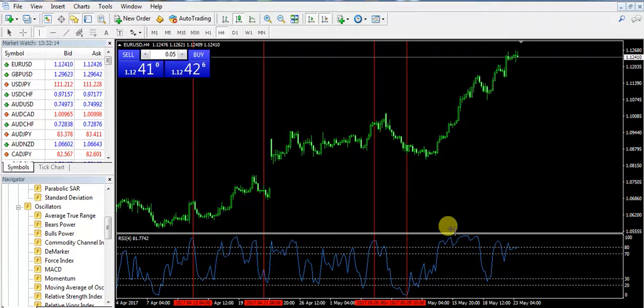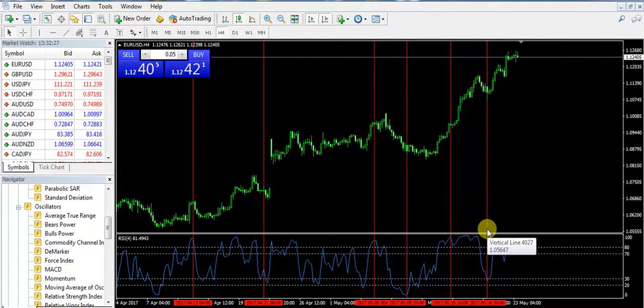And we mark out this point over here. We mark out this low point over here, and let's jump right into what the relative strength index is actually telling us, looking at these points that we marked out.